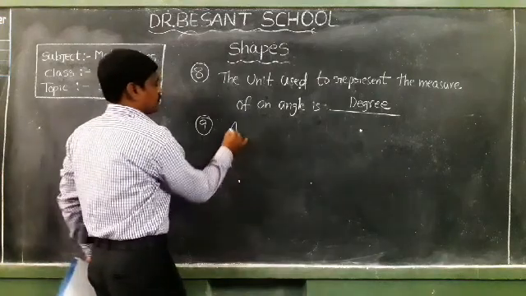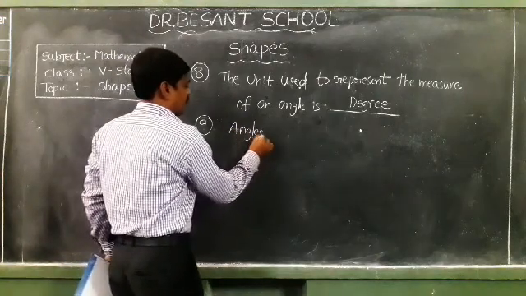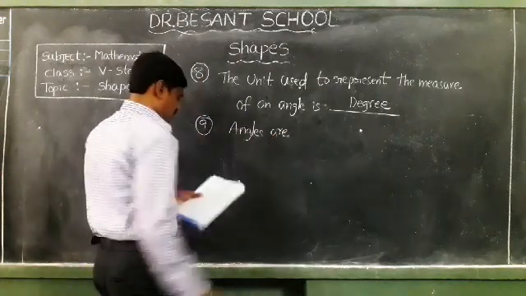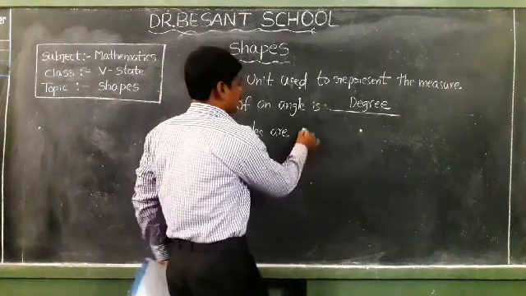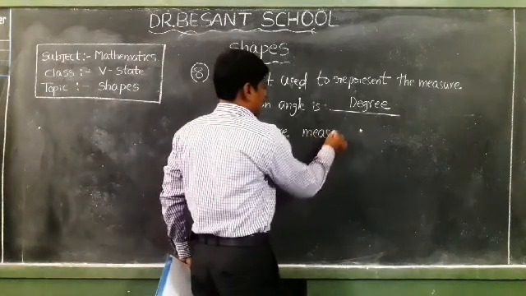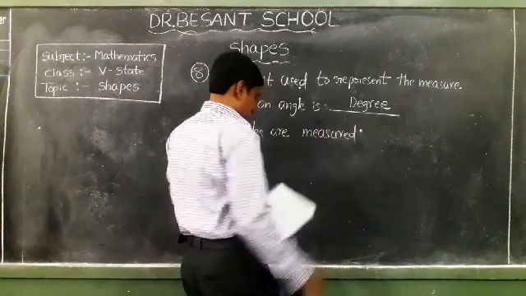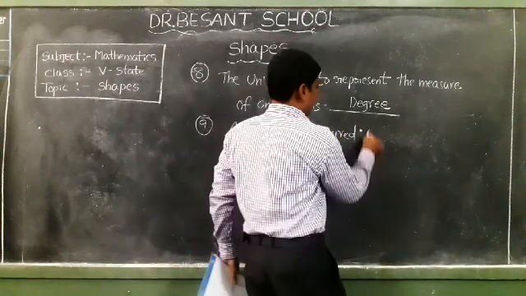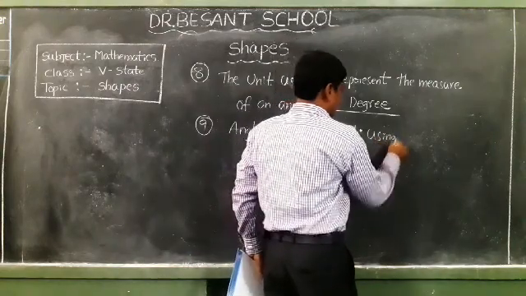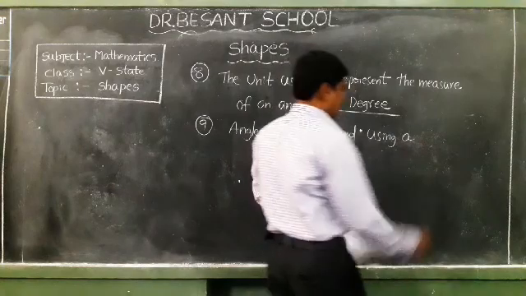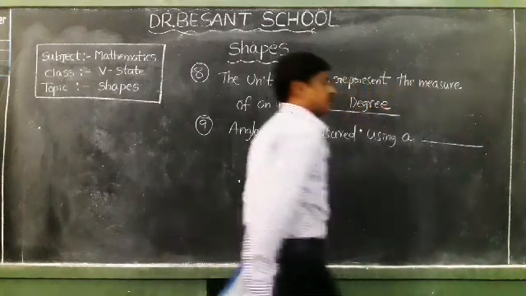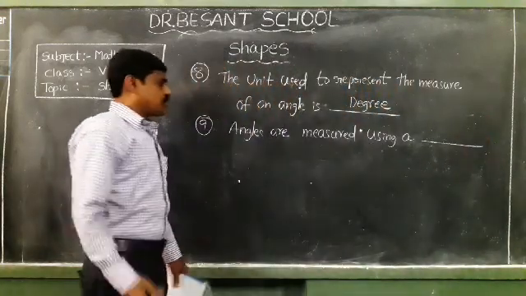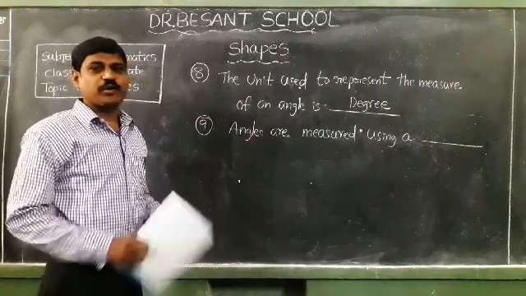Next, ninth one. Angles are measured using a. See, we have to use an instrument.